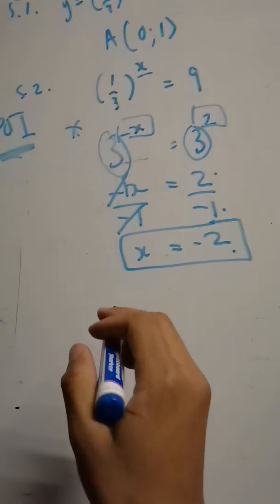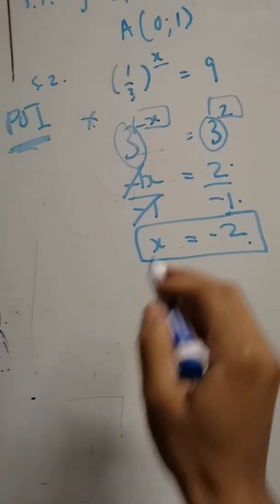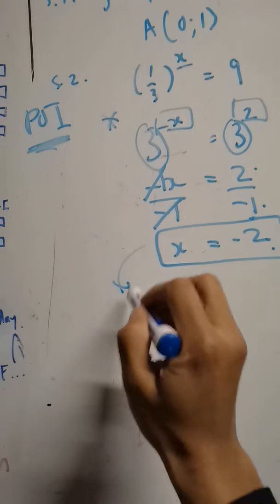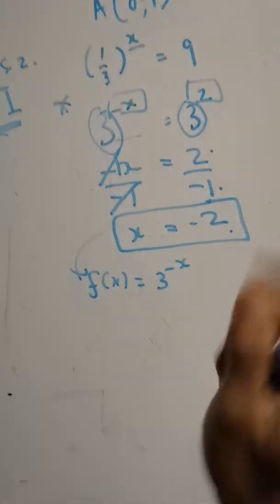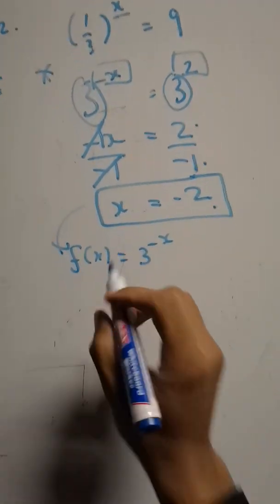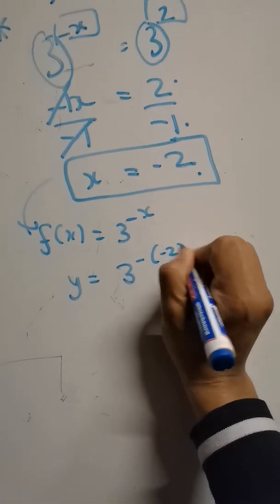So we've got the x value. If you want the y value, you just substitute the x value into f of x to get the corresponding y value. So we're going to go y is equal to 3 to the power of negative into negative 2.